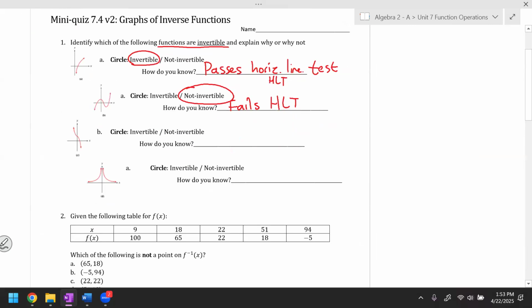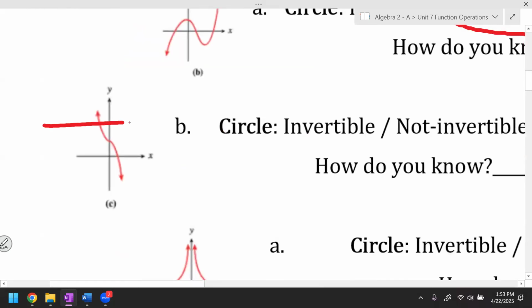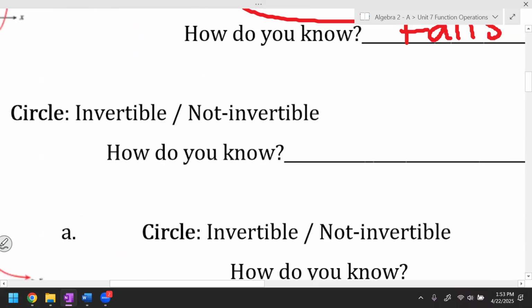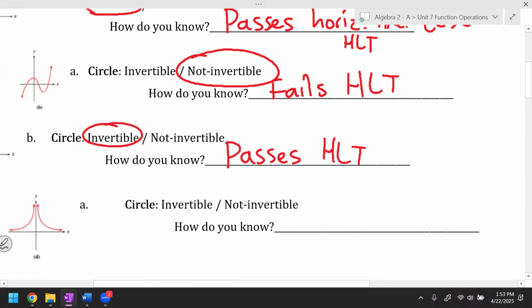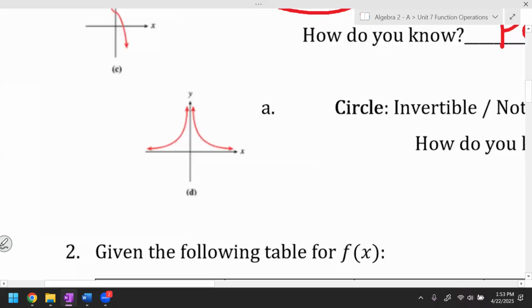How about this one down here? Let's zoom in again. No matter how I pass a horizontal line through it, it never slices the graph more than once. It passes the horizontal line test. So it is invertible. Finally, this graph, which looks a lot like my 1 over x squared graph, if you remember that from the project.